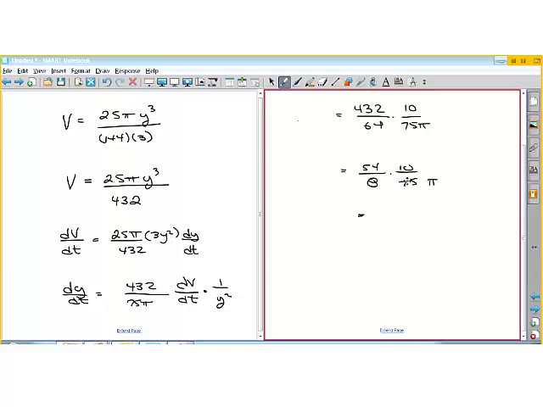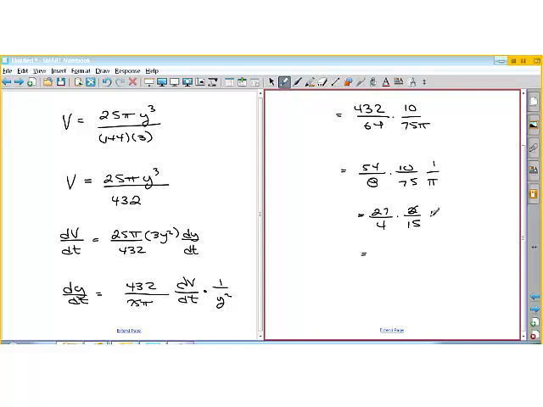Trying to figure out the easiest way of simplifying this. Well, you could divide both of these by 2. So you get 27 over 4. And you can divide both of those by 5. So you get 2 over 15. 75 divided by 5 is 15.